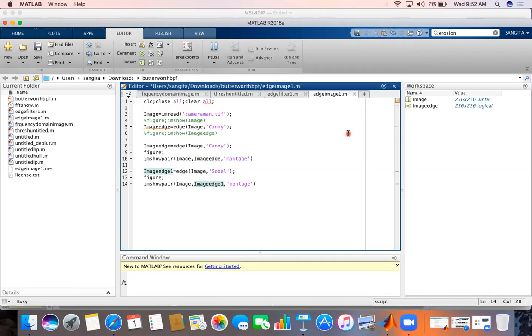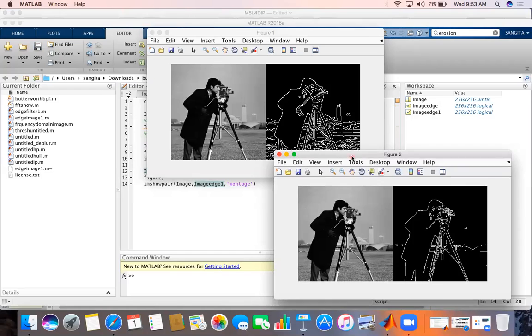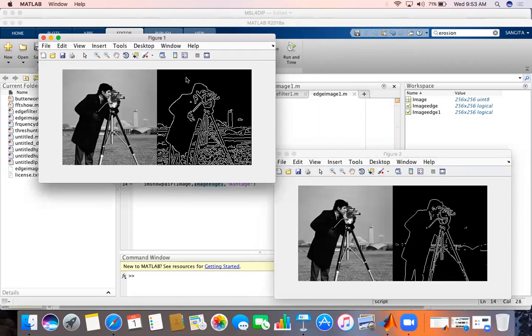So the program, yes, this is the Sobel output and this is the Canny output. Therefore, it is quite clear Canny gives better edge detection.